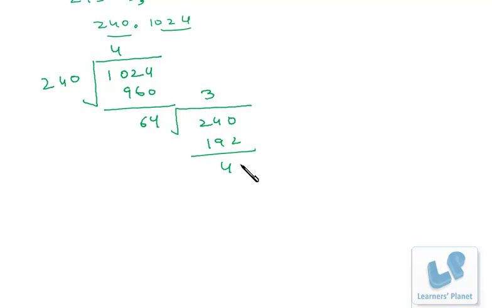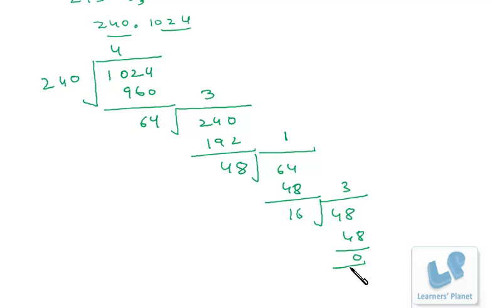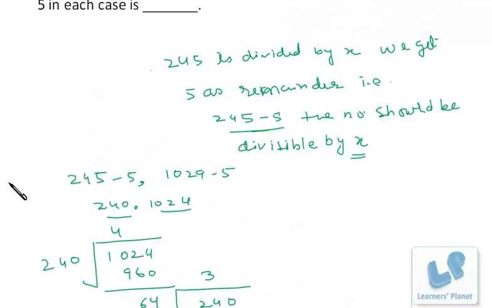So I get 48. Further I would divide. So it's 48, so I get 16. Further 16 threes are 48, 0. So when the divisor was 16, we got the remainder as 0. That means 16 is the HCF. So we got 16 as the HCF.